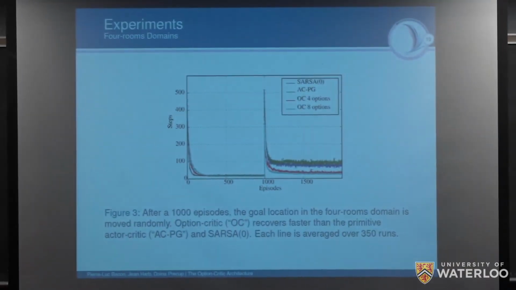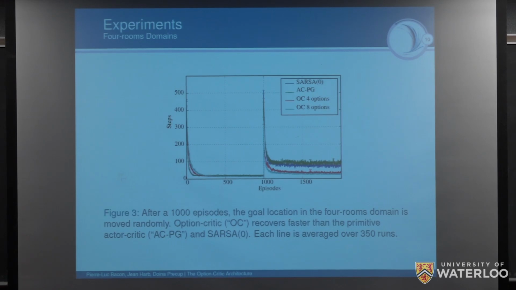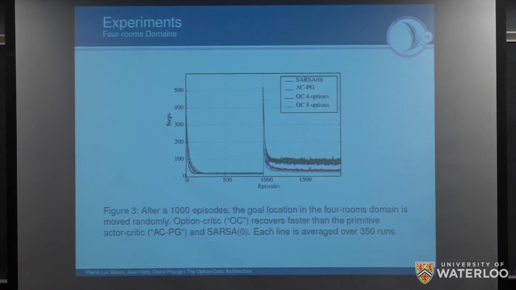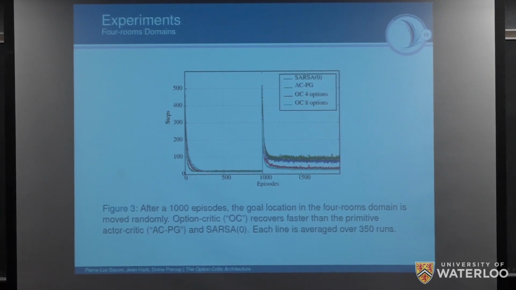The first evaluation is in the four-room domain. As you can see here, we compare the architecture with two other reinforcement learning methods. In the first 1,000 episodes, our solution converged to the goal a bit slower than the other two.